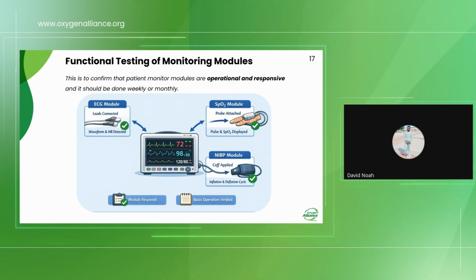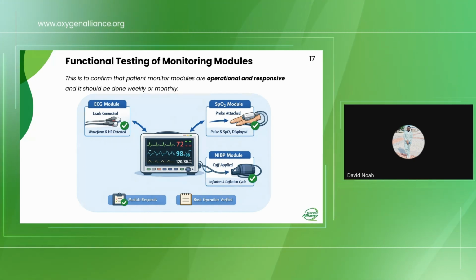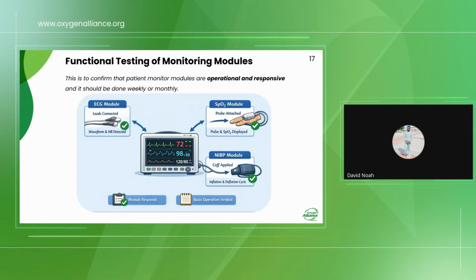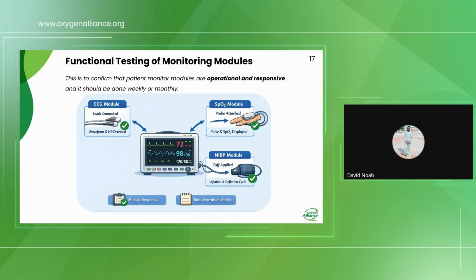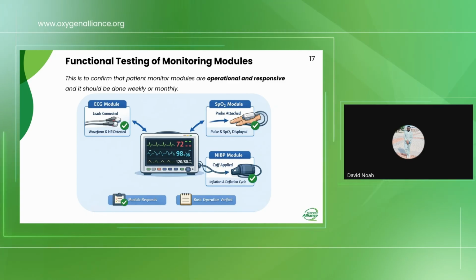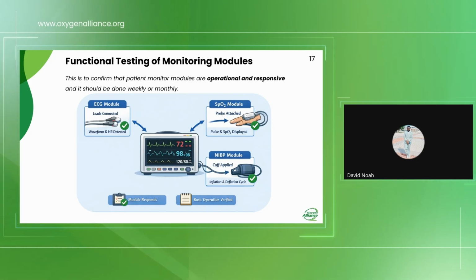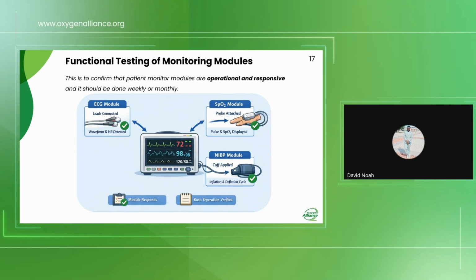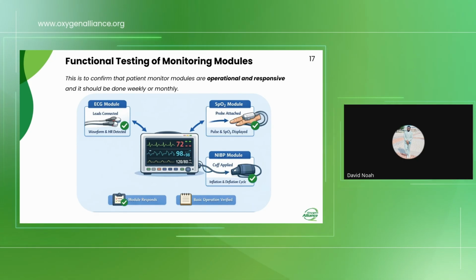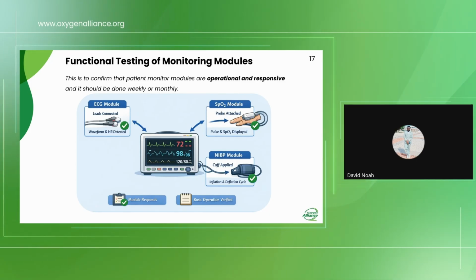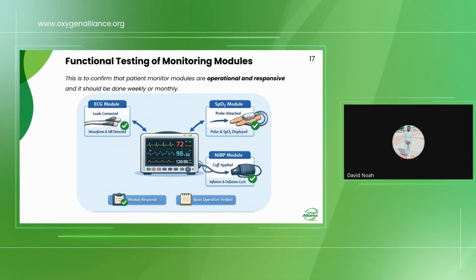To do these tests, you simply connect the probes to the monitor. For the SpO2, for example, you simply connect the SpO2 probe to the monitor and check if it is able to display the SpO2 values on the monitor.